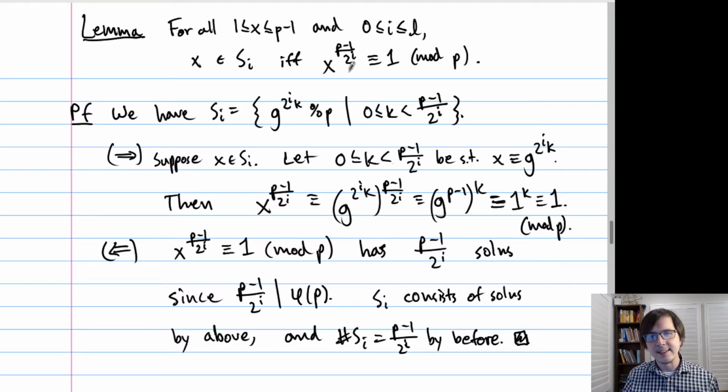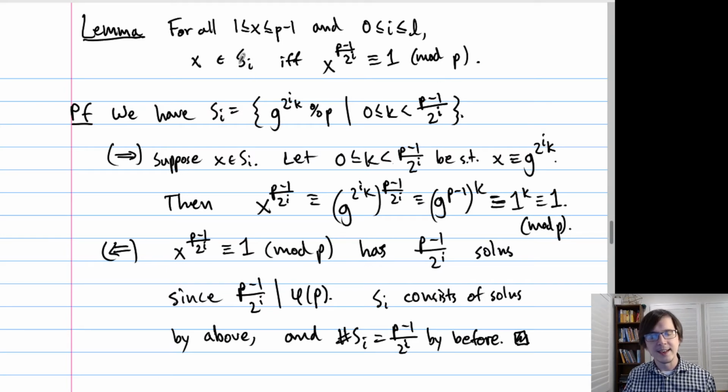And since it's reasonably efficient to compute exponents mod p, because we can do that repeated squaring thing using the exponent in base 2, we actually have a way of telling whether x is in Si.